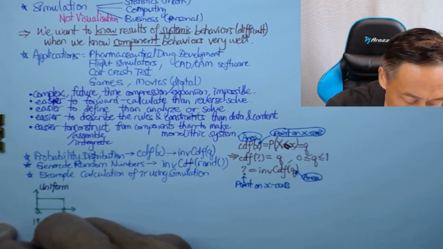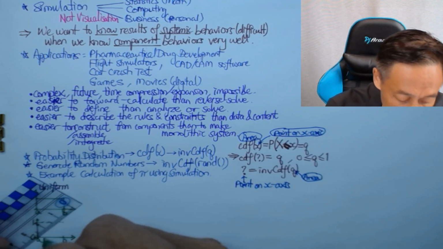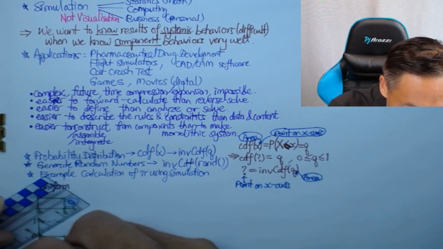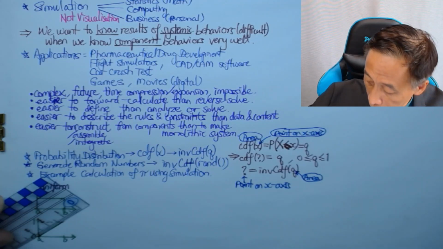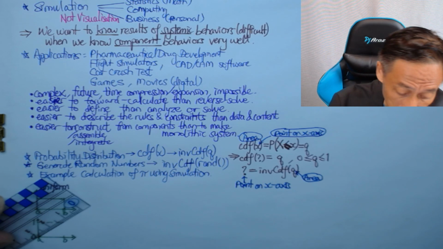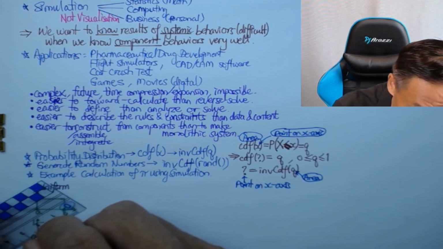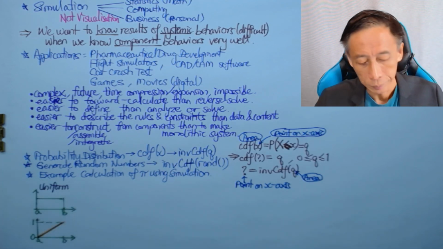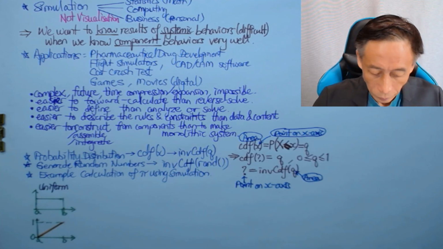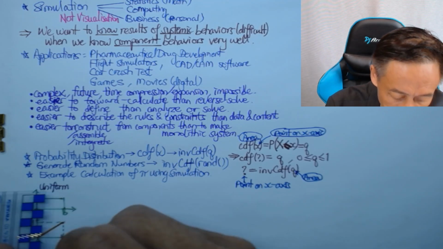So this is 1, this is 0, right? So the CDF curve will rise, rather let me just add with a hint of orange. And touches 1 when it touches.